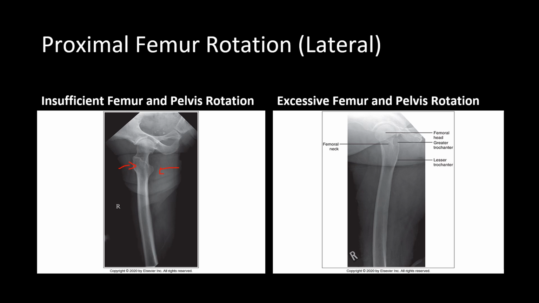In excessive pelvis and femur rotation, where the femoral epicondyles are rotated more than needed, the greater trochanter is partially in profile medially, and the lesser trochanter will be obscured on the resulting projection, as you can see in the resulting image to the right.